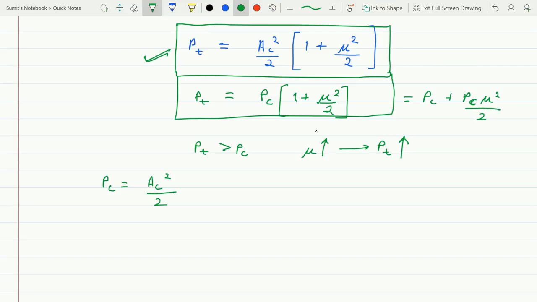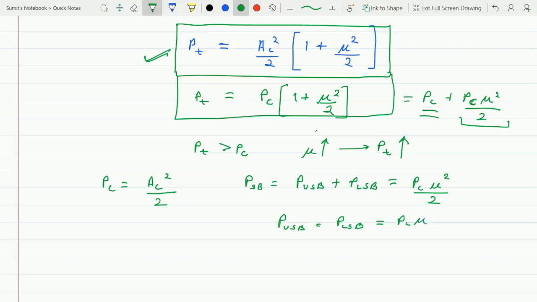So you know this is the carrier power, so this other term has to be the total sideband power, which is your upper sideband power plus lower sideband power. So the total sideband power would be PC mu square by 2, or the power of each sideband would be, since both components have the same power, PC mu square by 4.